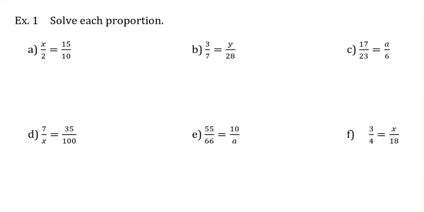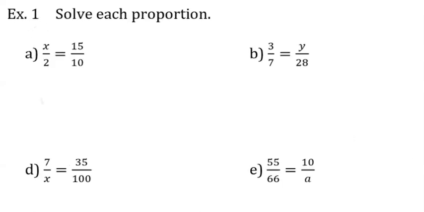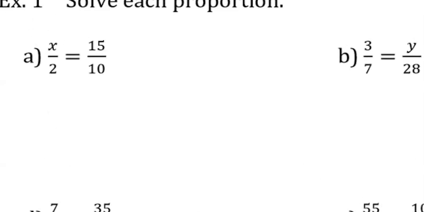There is a trick that some people use where I take whatever's on the bottom of one side and multiply on the other side. I take the 10 and multiply over there, and I take the 2 and multiply over there.